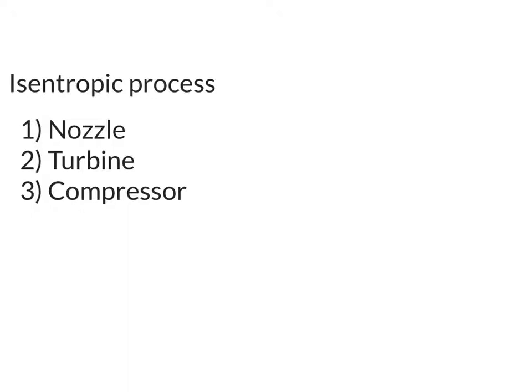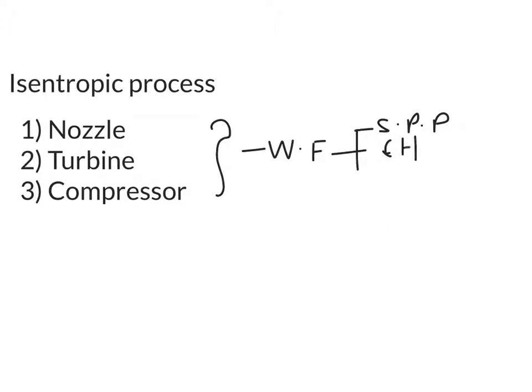So it is important to analyze these devices first, because you need to consider different working fluids. In the case of your steam power plant, your working fluid will be water, whereas in your gas turbine plant, it is going to be air.